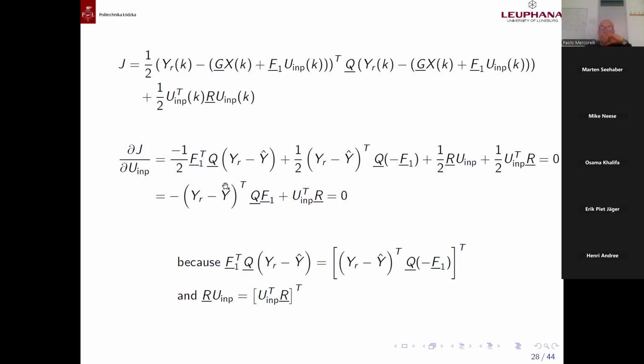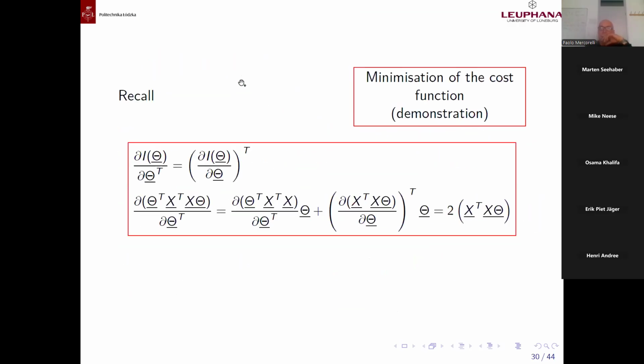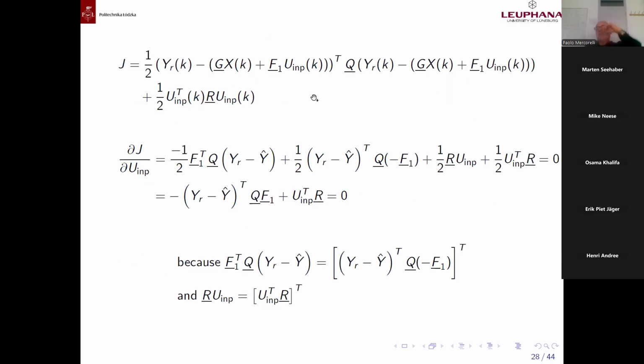If you plug in, instead of y hat, everything, we can see that analytically I can solve the problem. That means I can calculate U input because I can separate what I know from what I don't know.